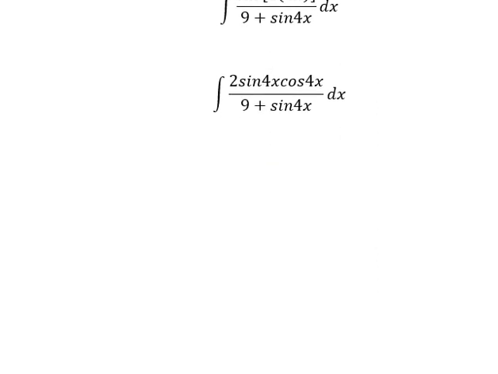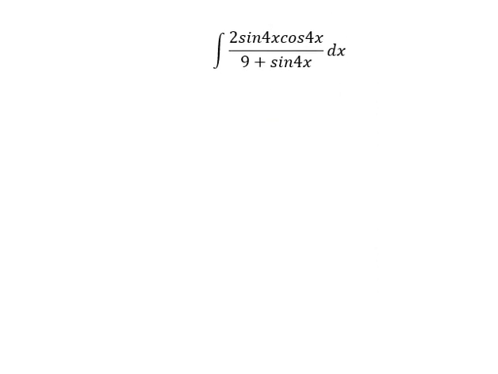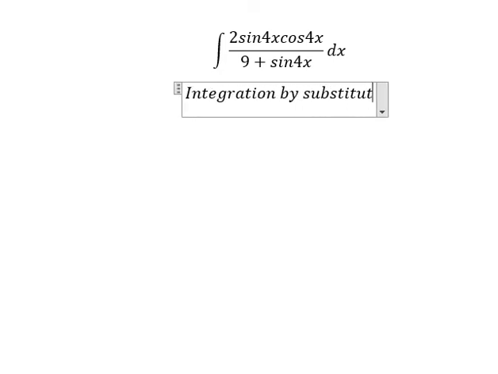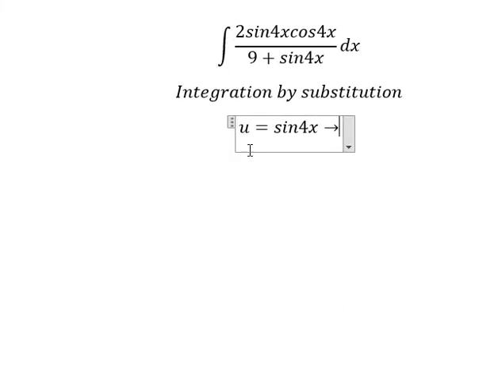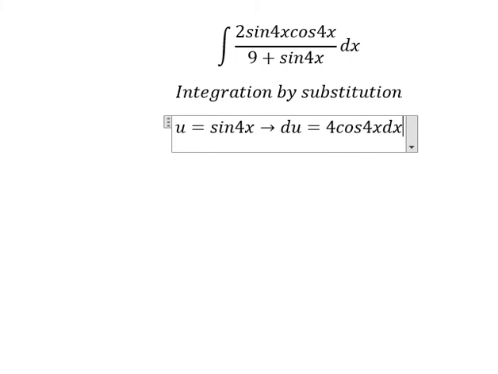And now we can use integration by substitution. So I will put u equals sin 4x. Later, we do the first derivative for both sides, and we have du equals 4 cosine 4x dx.